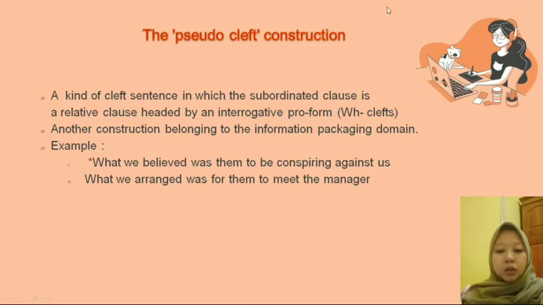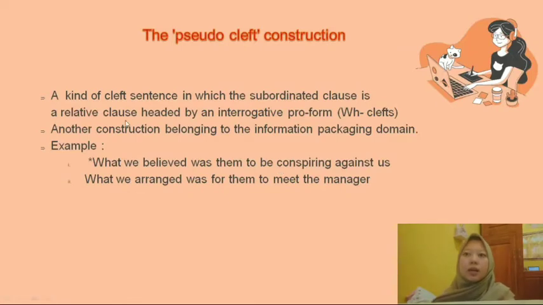Now, I will continue to explain this material, and I will explain the pseudo-cleft and the verbless clause. A pseudo-cleft is a kind of cleft sentence in which the subordinate clause is a relative clause headed by an interrogative form, and pseudo-cleft is also called a wh-cleft.